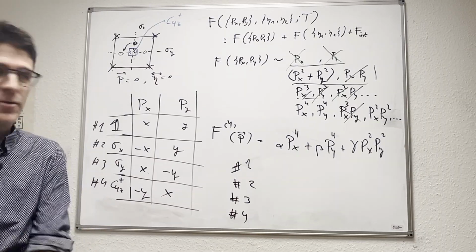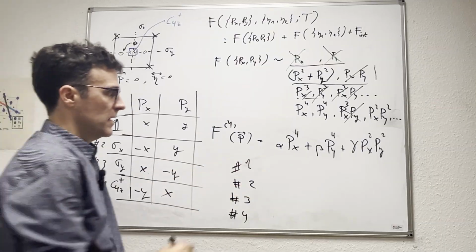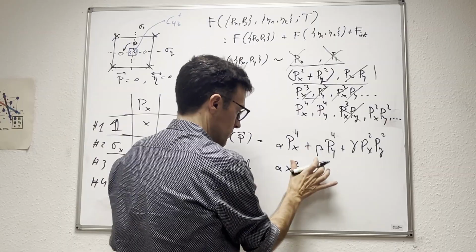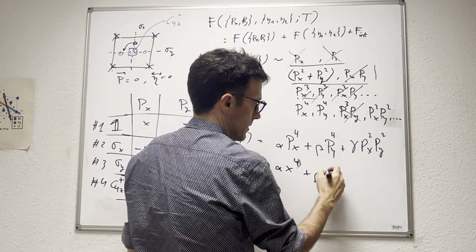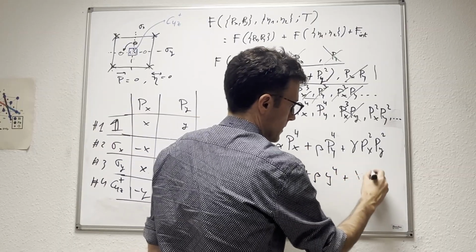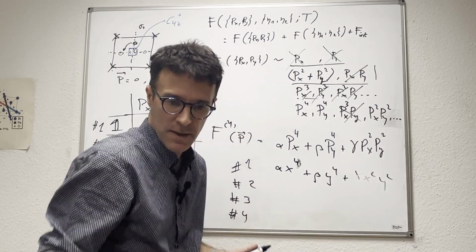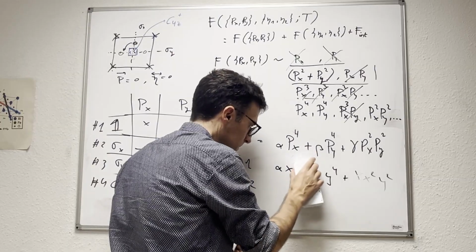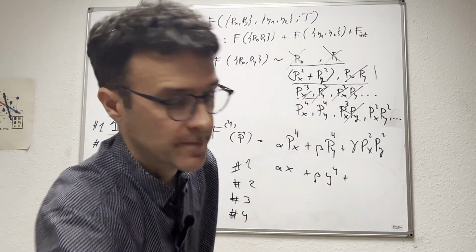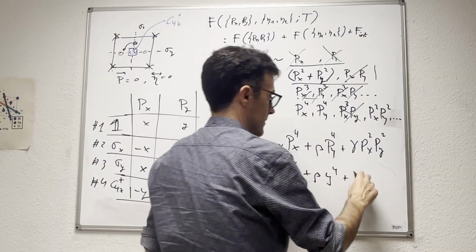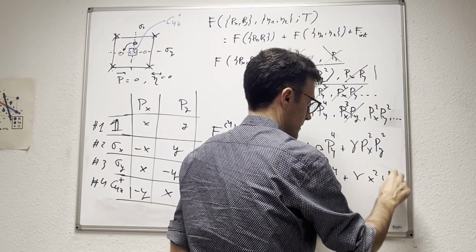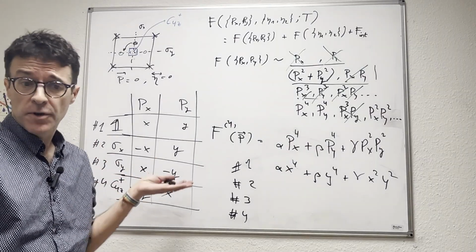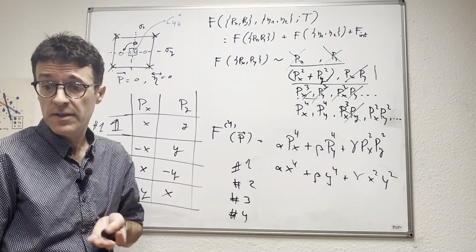And here you really don't have to be a genius to know where we are going. The first evaluation of the energy is simply alpha x to the fourth, beta y to the fourth, gamma x squared y squared. Here the main difficulty is going to be being able to write on the whiteboard. Quite obviously, states number 2 and number 3 don't add any information because all they do is change signs.